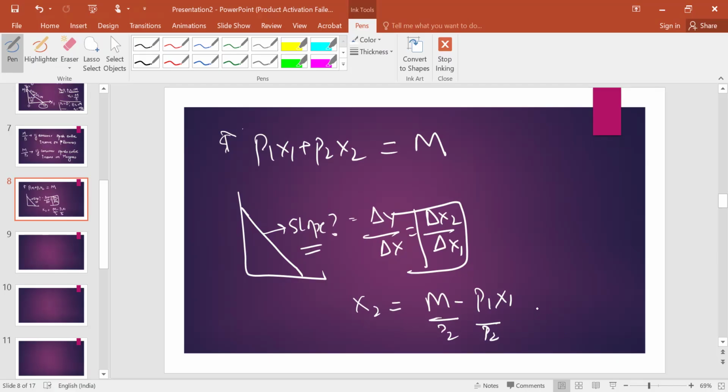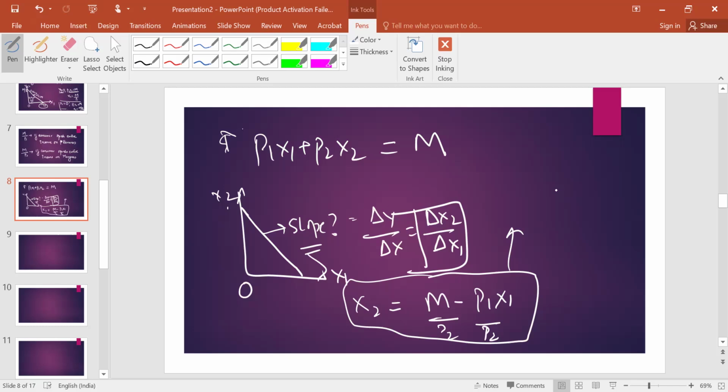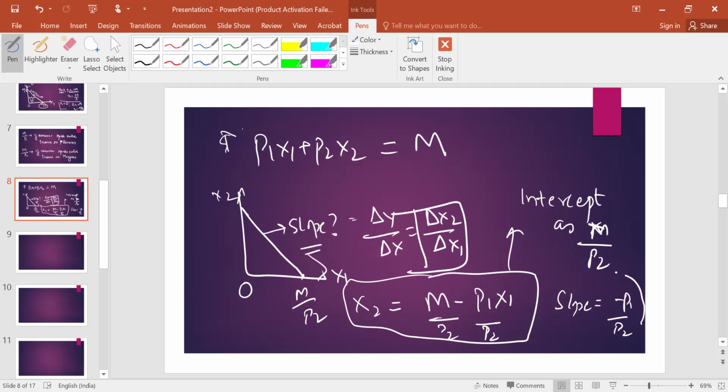So this budget line has the intercept x2 as M by P2, which we have already figured out, and the slope as minus P1 by P2.